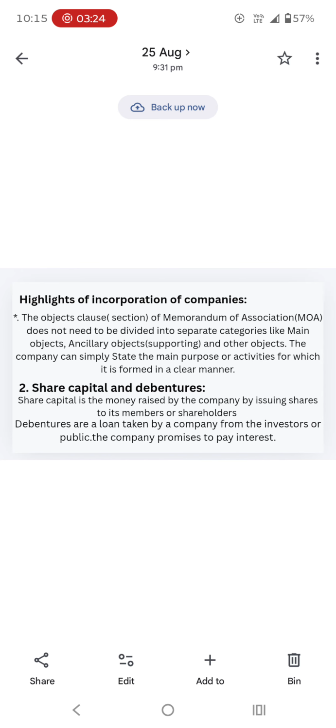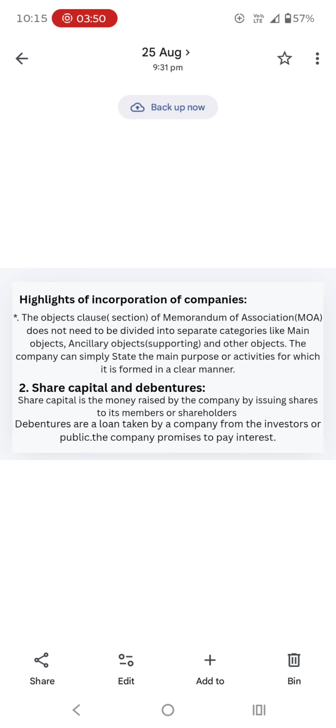Let us see the next point. Highlights of incorporation of companies. One more point is there. The object clause, which is a section of the memorandum of association, does not need to be divided into separate categories like main objects and ancillary objects, meaning supporting and other objects. The company can simply state the main purpose or activities for which it is formed in a clear manner.